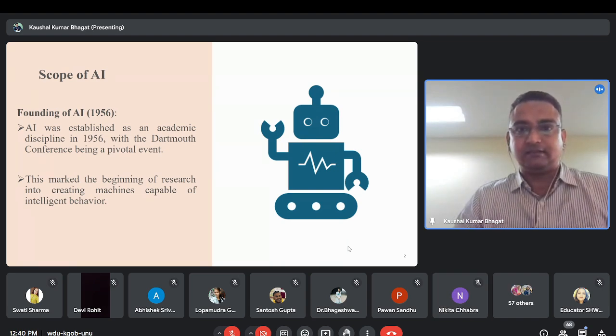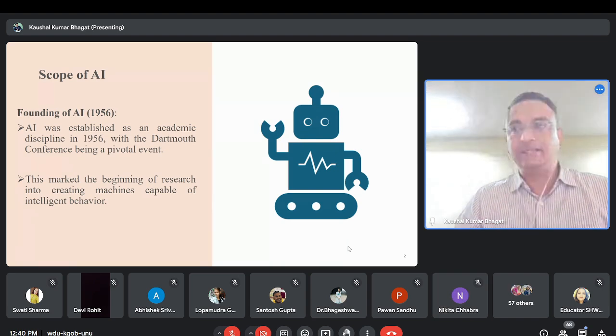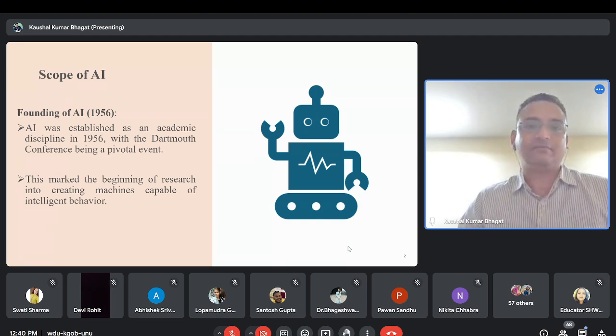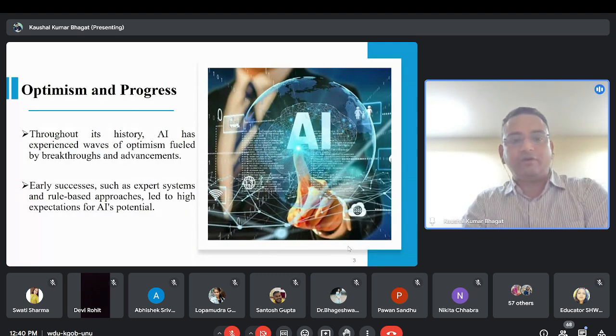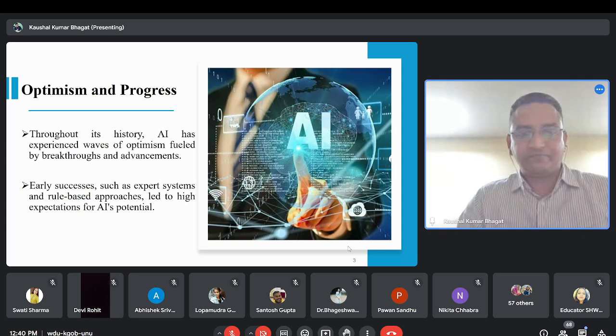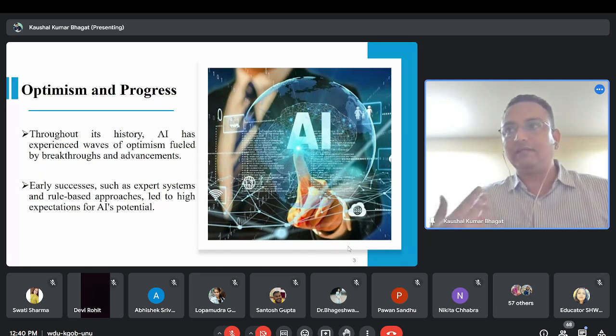That is guaranteed. We are already finding a lot of applications of artificial intelligence which are making our life easier, right? We were working on expert systems, and then we have some rule-based approaches also that have led to the AI expectations.